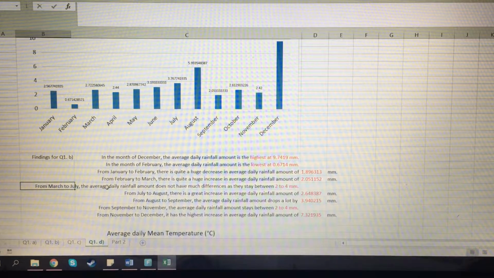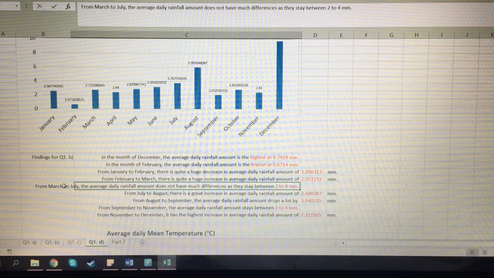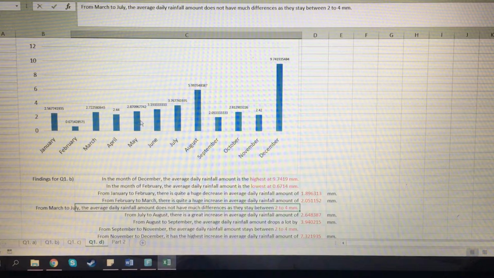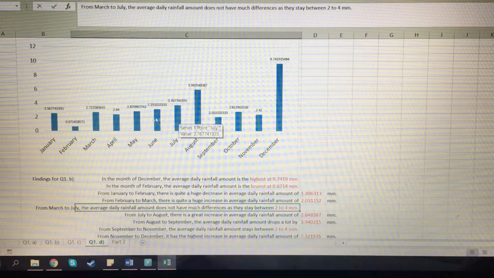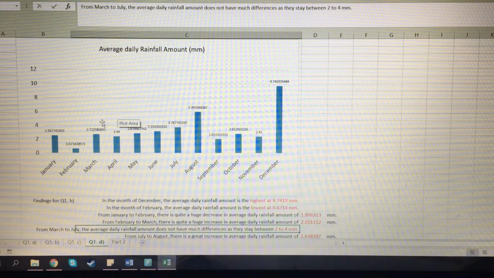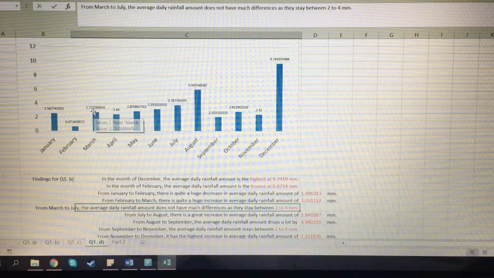So here I talk about from March to July. So March to July, you can see that there's not much difference between the average daily rainfall amount, as they stay in between 2 to 4 mm.